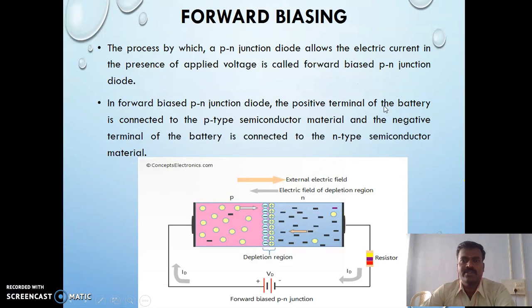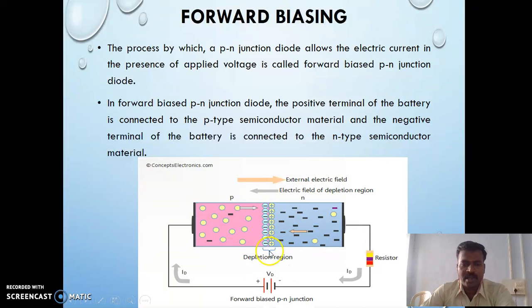The next one is forward biasing. You can look at the picture. This is the construction of forward biasing: a PN junction semiconductor diode connected to an external battery. The P-type region is connected to the positive terminal of the battery and the N-type region is connected to the negative terminal of the battery.